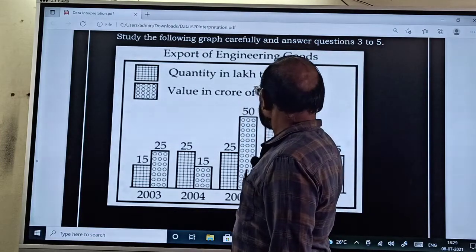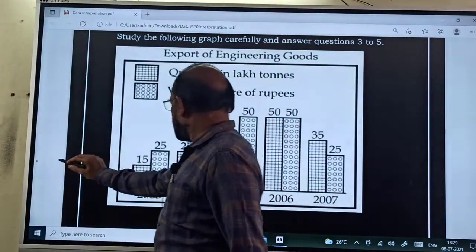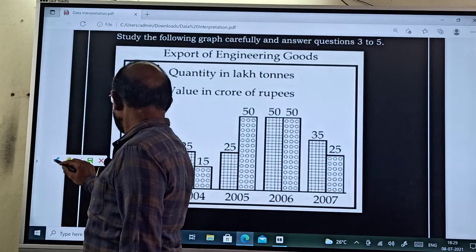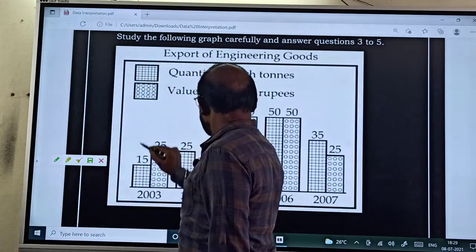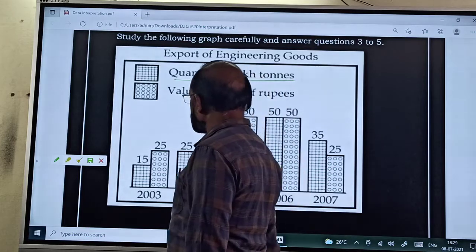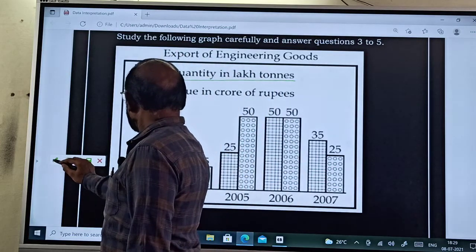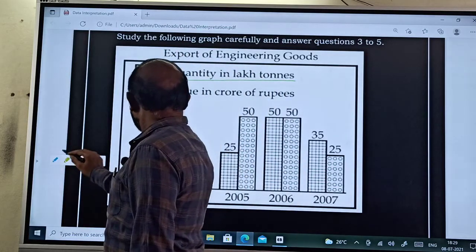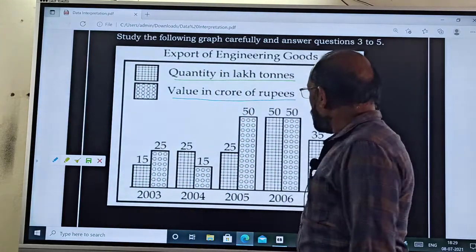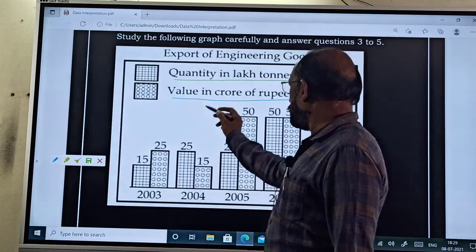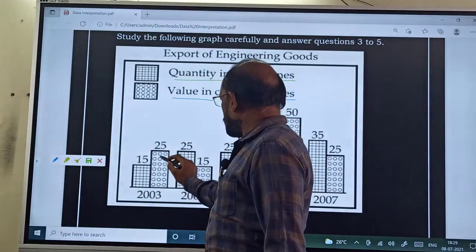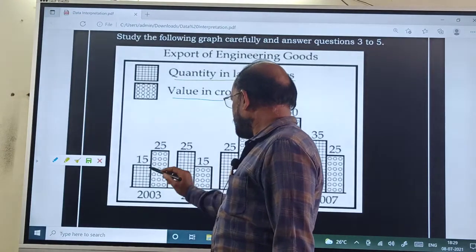Quantity in lakh tons and value in crore rupees. Value is given. Quantity and value are given.